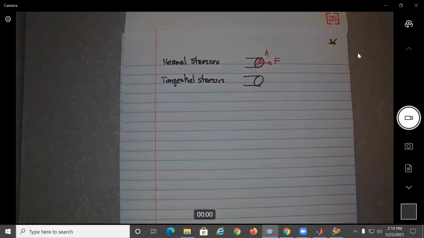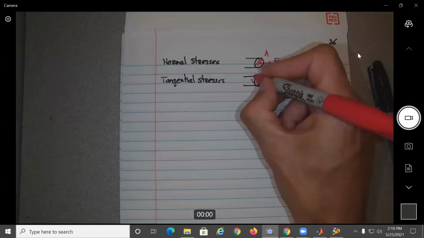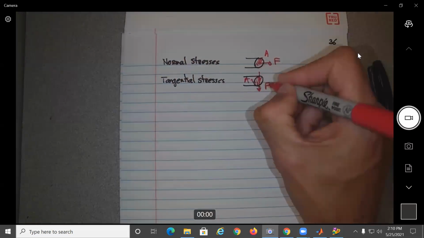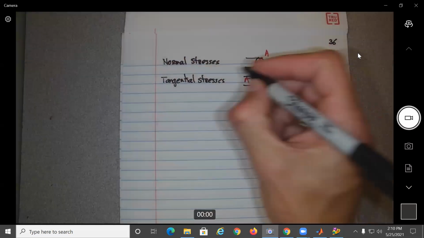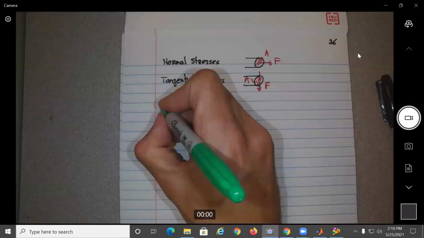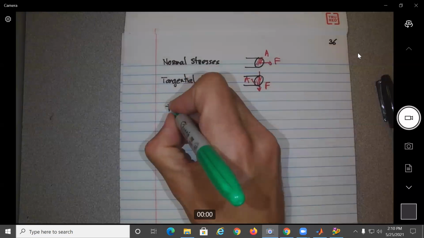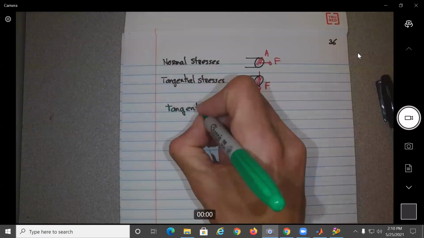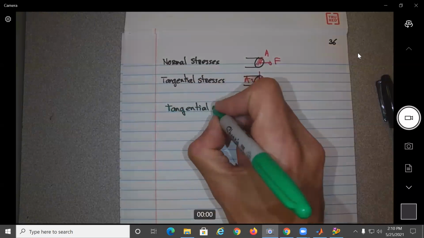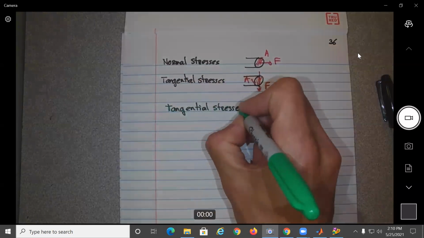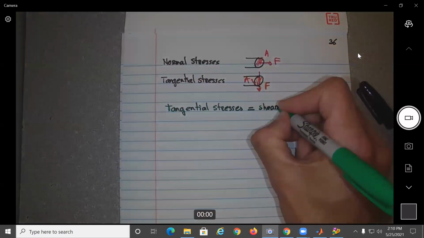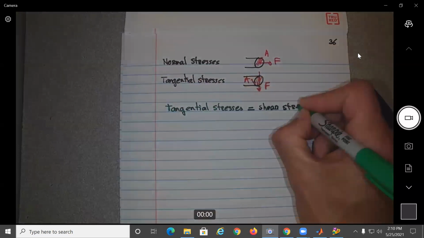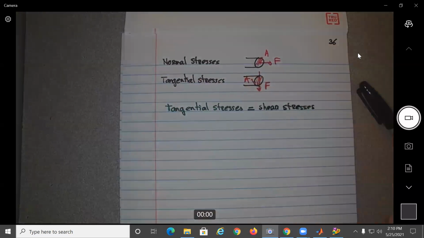In this case, the force was tangential to the surface, okay? And basically, tangential stresses is the same thing as shear stresses.